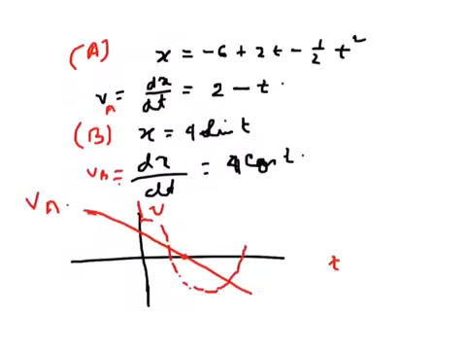So this one will be pi, this one will be 3 pi over 2, and this one will be pi over 2, like that. So this is one point, and this is the other point where they meet. So these are the 2 points where the particles will cross each other.